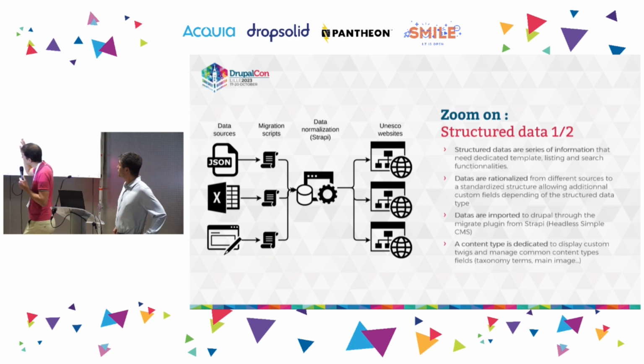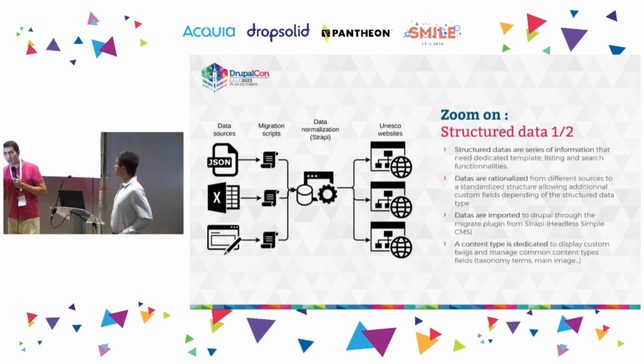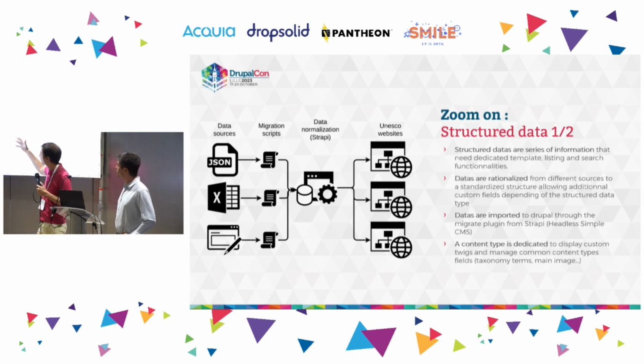The first part on the left is the data source. There are many, because some data is from JSON, some from Excel, or maybe some from web formats. The main thing to do is to consolidate them to have the same structure, or a part of the structure that will be common to the other content of the ecosystem.